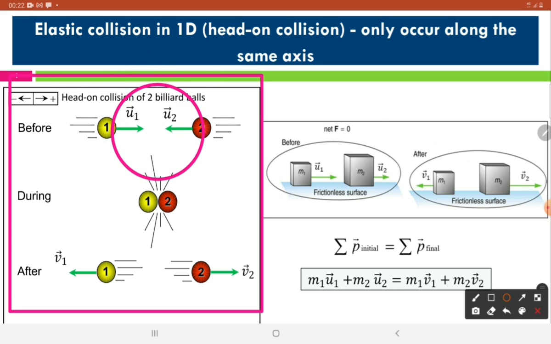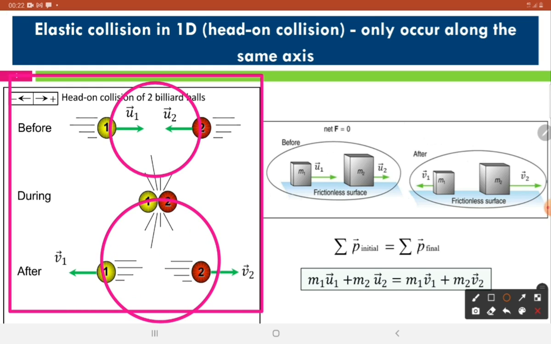Both objects, object 1 and object 2, travel along the same line, which is along the x-axis. After colliding with each other, both objects also travel along the same axis, which is along the x-axis. So this collision is known as one-dimensional collision, which only occurs along the same axis.